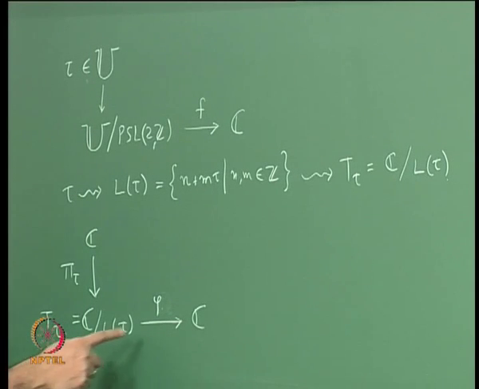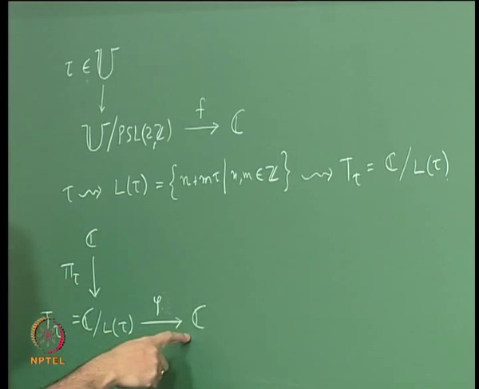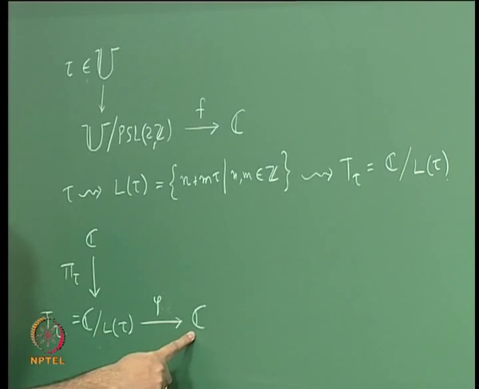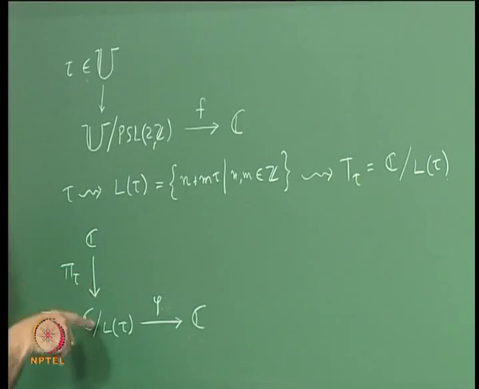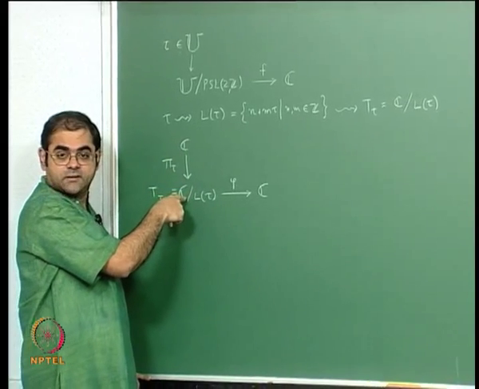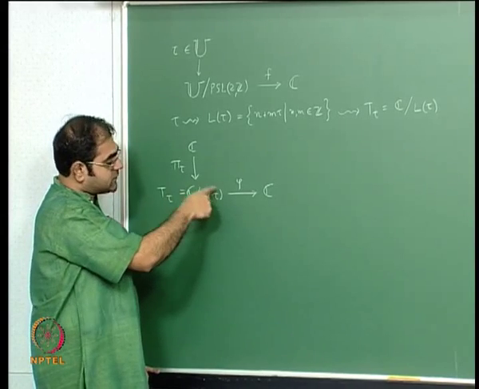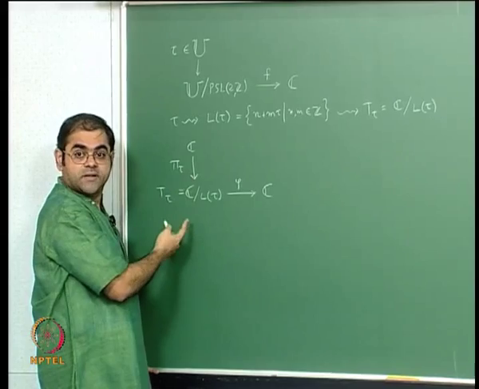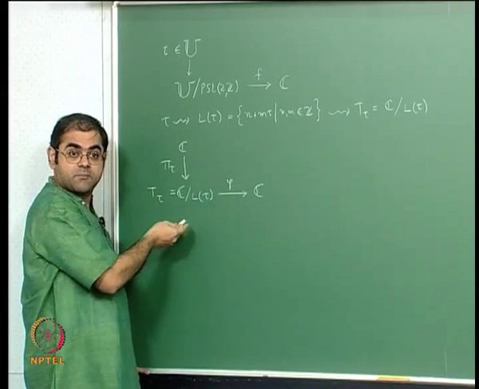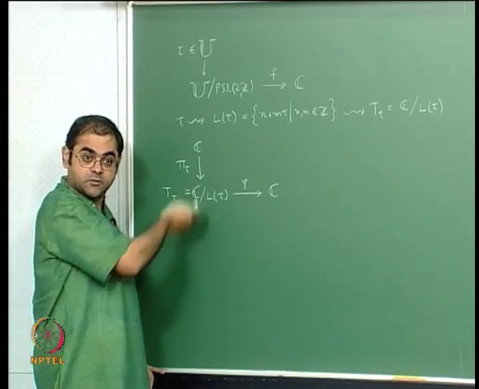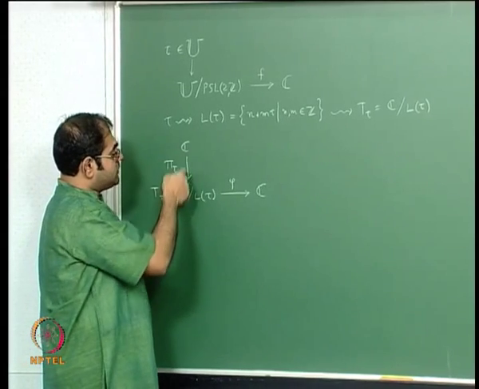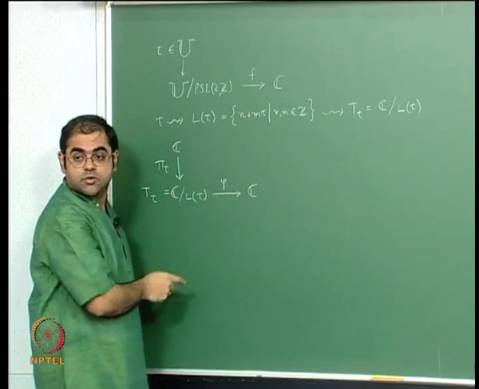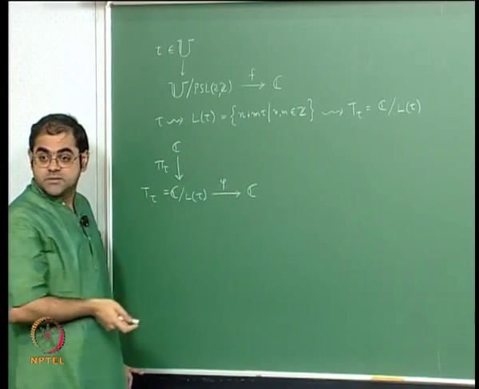That is because if I compose this map, I will get a holomorphic map, I will get an entire function, because after all this map is automatically holomorphic the way we have constructed it. The Riemann surface structure on this is such that this map automatically becomes holomorphic. In fact, it is a locally biholomorphic map because it is a holomorphic universal covering, okay. So this is a holomorphic map, and if this is also a holomorphic map, the composite is also a holomorphic map, therefore you get an entire function on C.